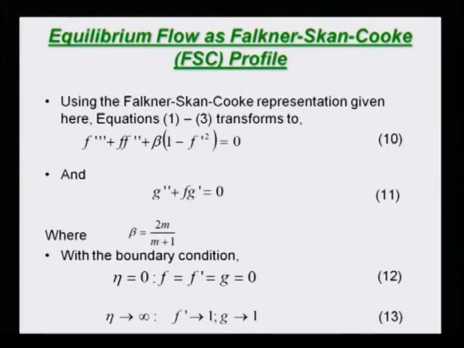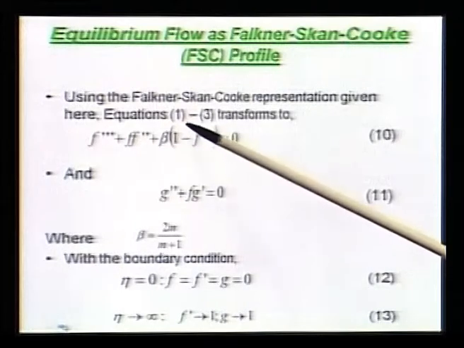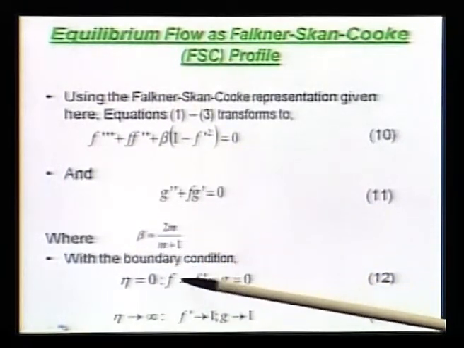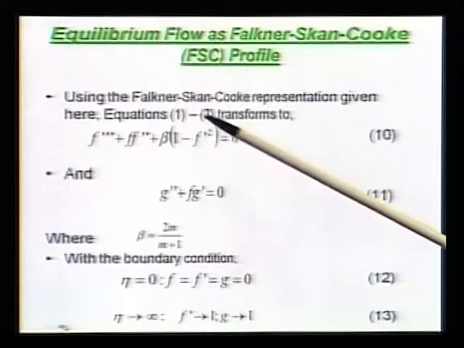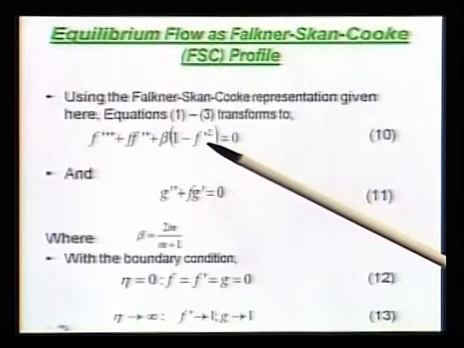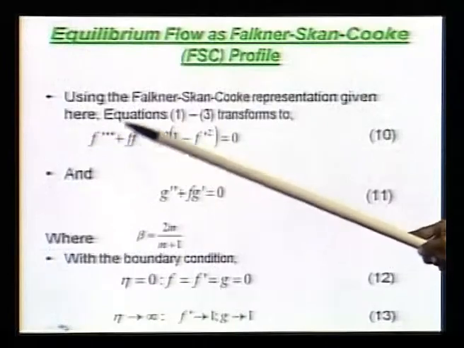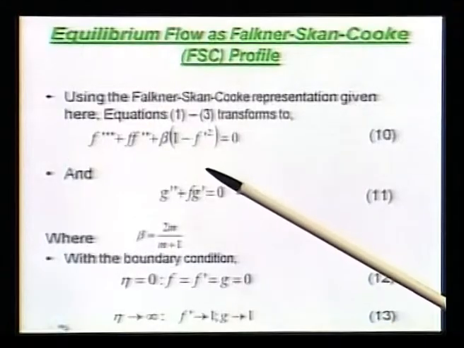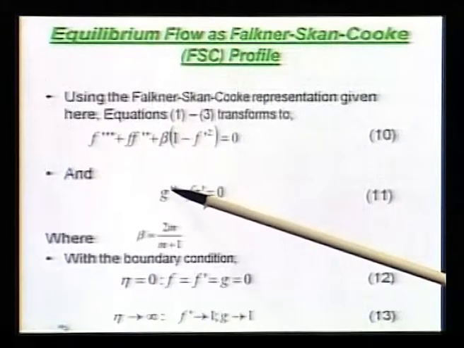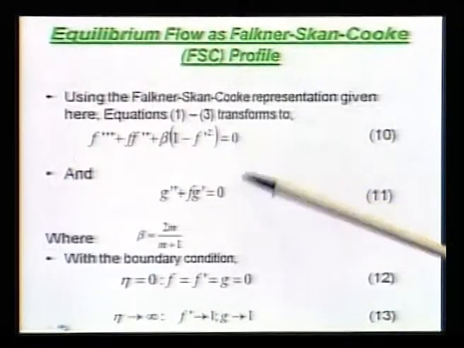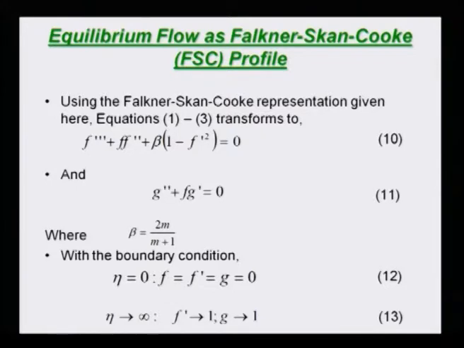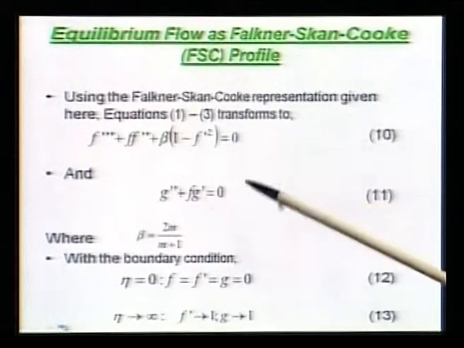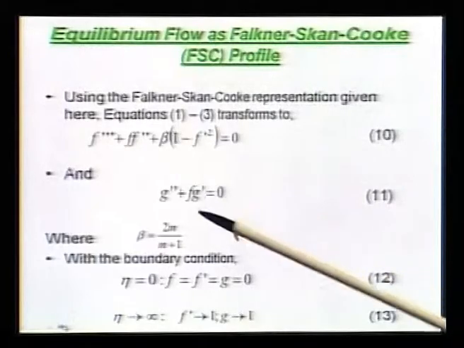This is exactly like what we obtained for the Faulkner-Skan profile also, and beta is the combination 2m by m plus 1 that appears there. It is a nonlinear equation, all right, but in the leading term it is linear, and the z momentum equation gives you this equation. What you notice directly from here is that f can be solved independent of g. So, first you will be solving for f by solving 10. Once you have f, you can plug it in 11 to get g.